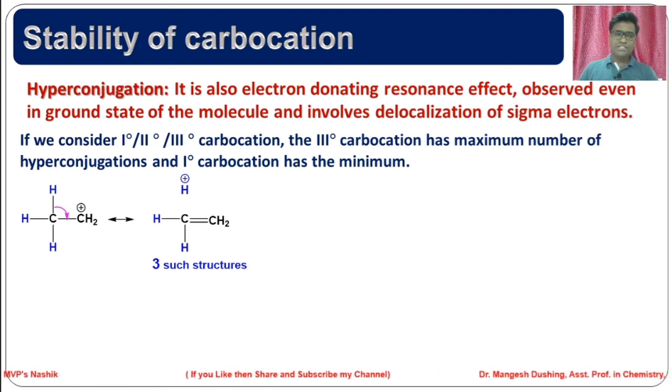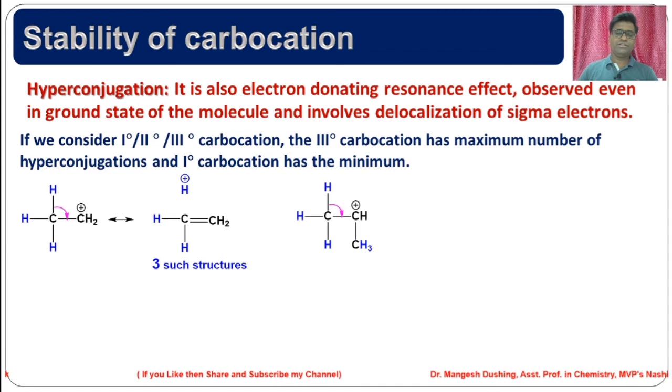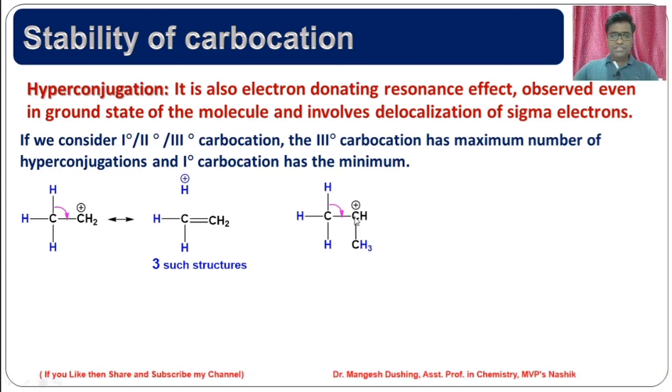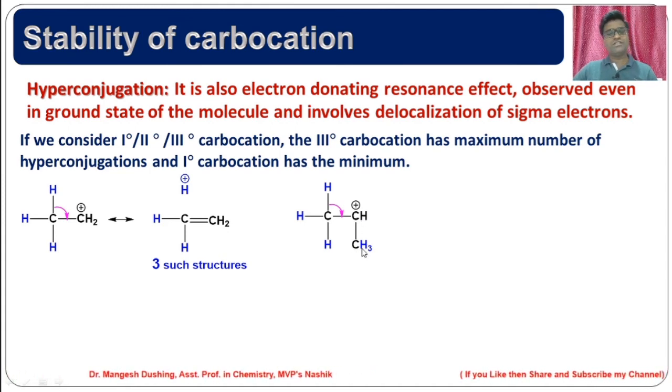In the case of a secondary carbocation, this is the first carbon directly attached to the carbocation, so this is an alpha carbon. Similarly, the other directly attached carbon can also be called an alpha carbon.